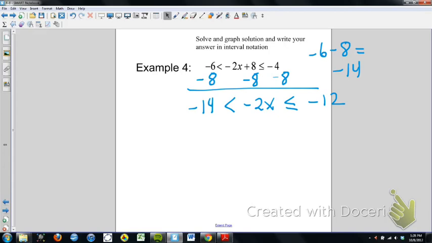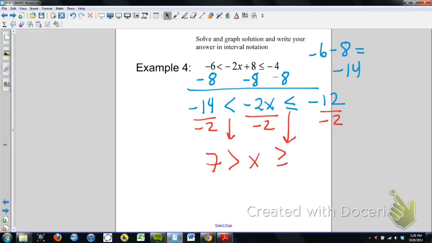Okay, now you want to divide by negative 2 to isolate x, but remember this is dividing or multiplying by a negative number, so all of your symbols are going to flip. So let's see, negative 14 divided by negative 2 is 7. You want to flip that symbol around. Negative 2x divided by negative 2 is just x, and you want to flip the other symbol around, okay?